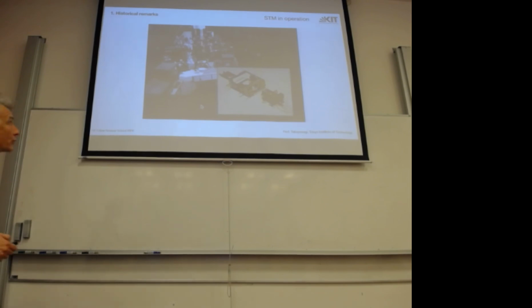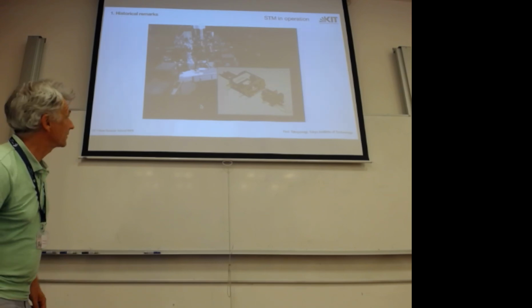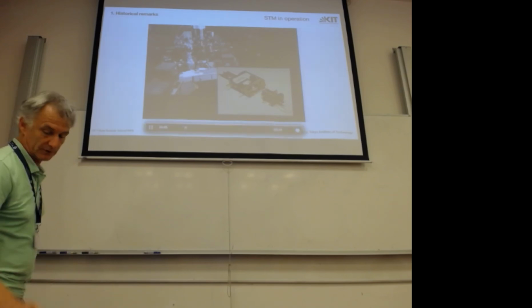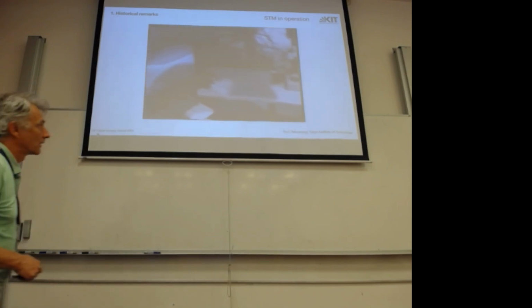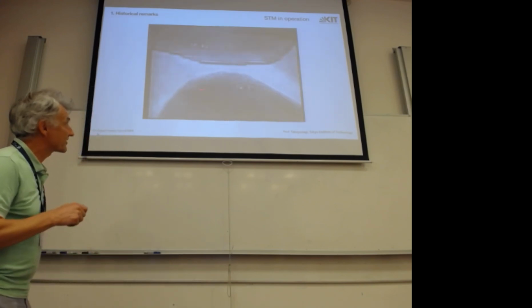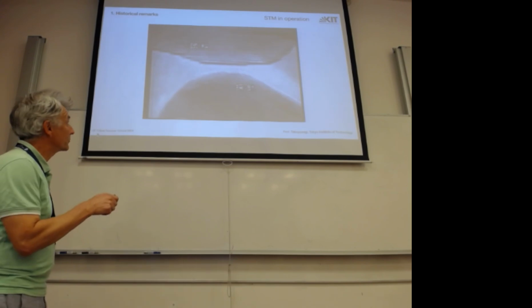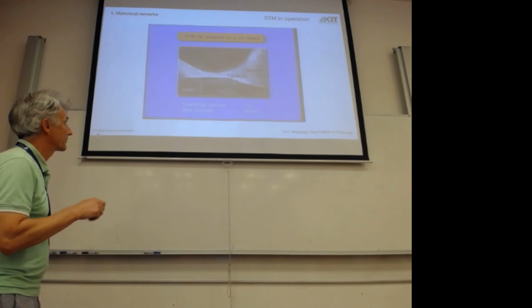But you can also do it with TEM, transmission electron microscopy. Now this is from Tokyo Institute of Technology. You can look from the side with the transmission electron microscope and see the tunnel barrier. This is the sample, it's crystalline. This is the tip, not crystalline.